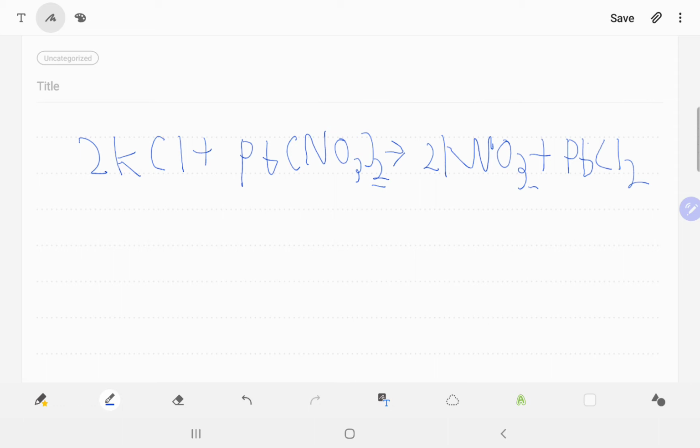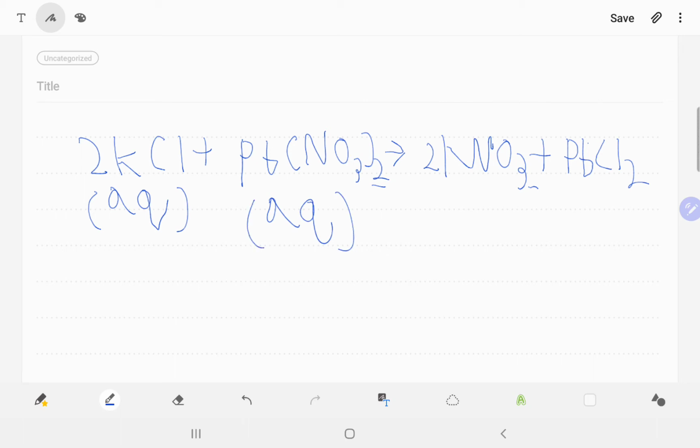KCl is clearly soluble, which would make it aqueous. You then go check Pb(NO3)2, and if you look through your chart, you could see as well that this is aqueous as well.